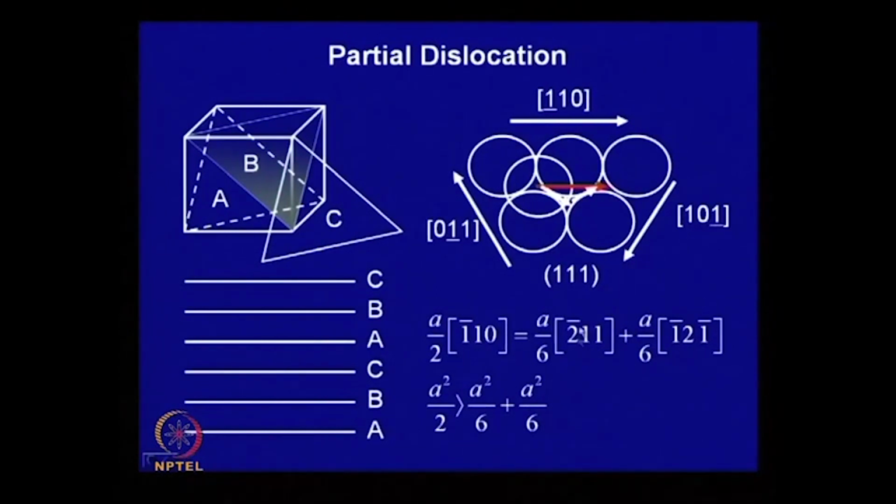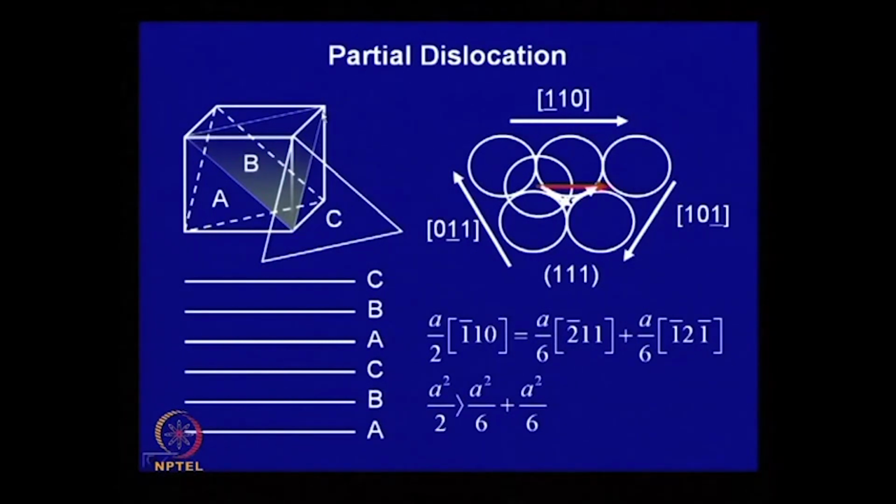Now, what happens if such a partial dislocation exists in a face centered cubic structure? In a face centered cubic structure, you can visualize that this 111 plane is a close packed plane. If we call this layer A, the next layer on top of it, you can make it by joining this.